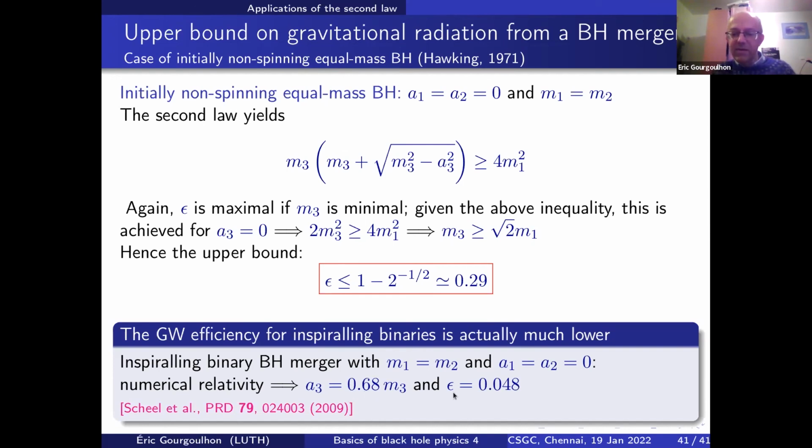And the efficiency, I mean, the energy taken away in the gravitational wave radiation, is 0.048. It's much lower than that value, but not very low as well. It's an important fraction of the initial mass.